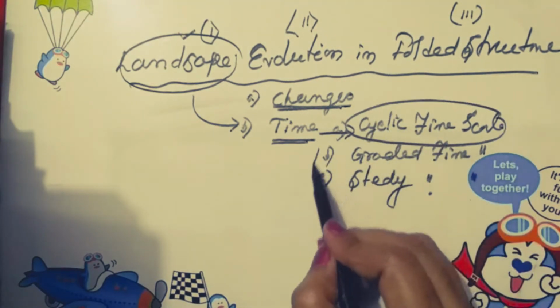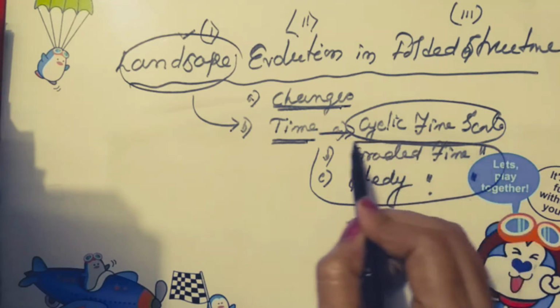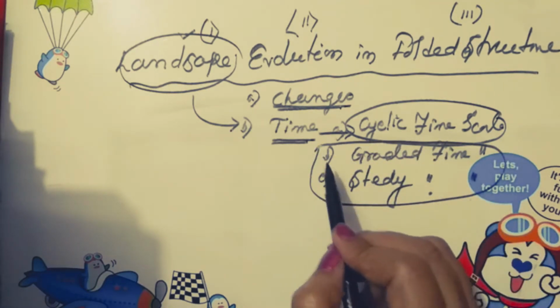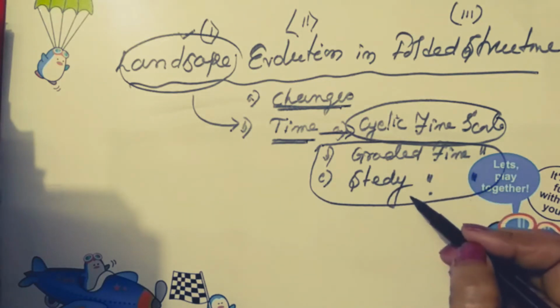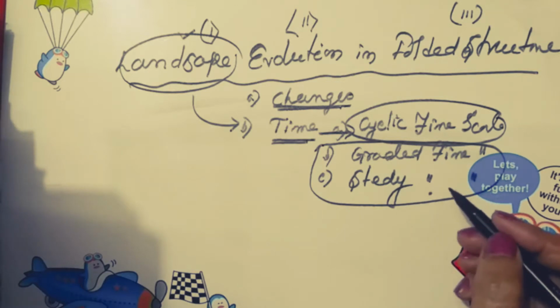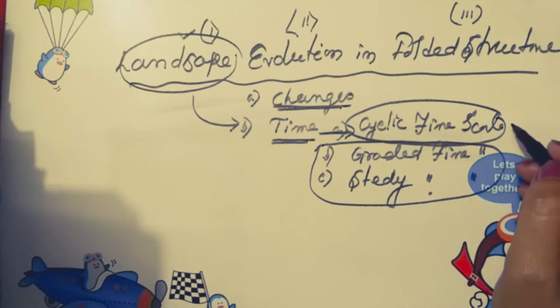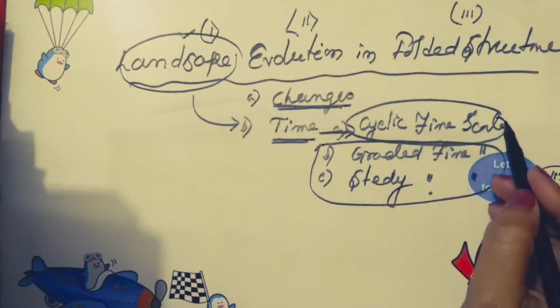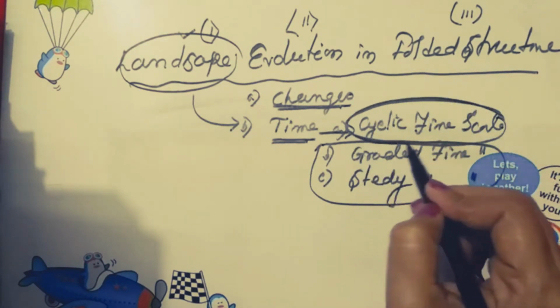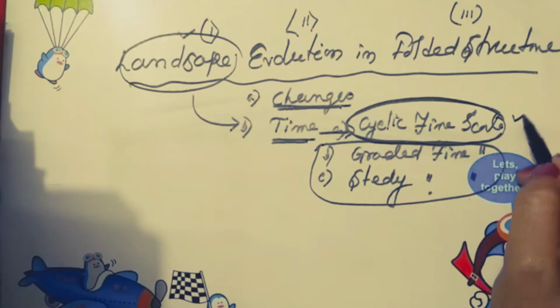These two are not very important in landscape evolution. Obviously those two types of time scale have an impact on landscape evolution, but here particularly landscape evolution in folded structure, most of the cases the time scale is the cyclic time scale.